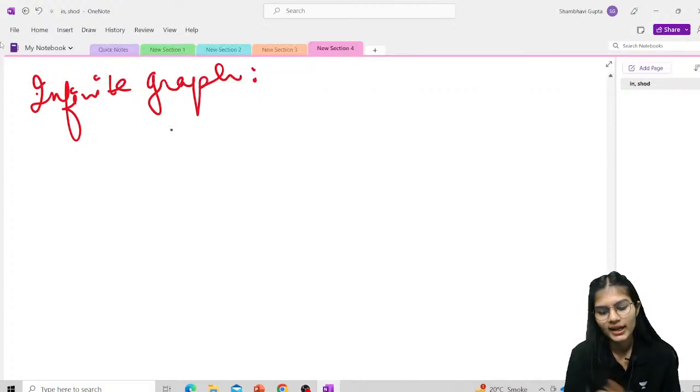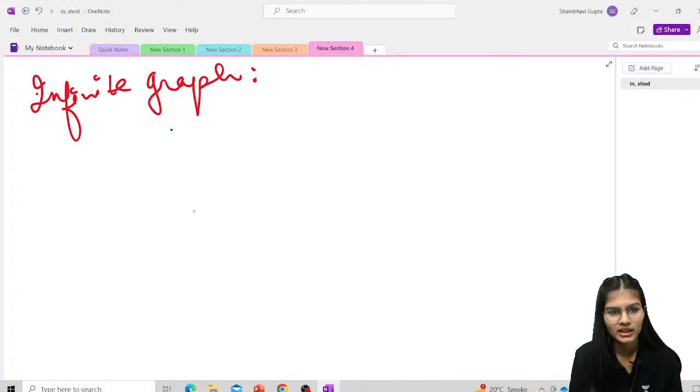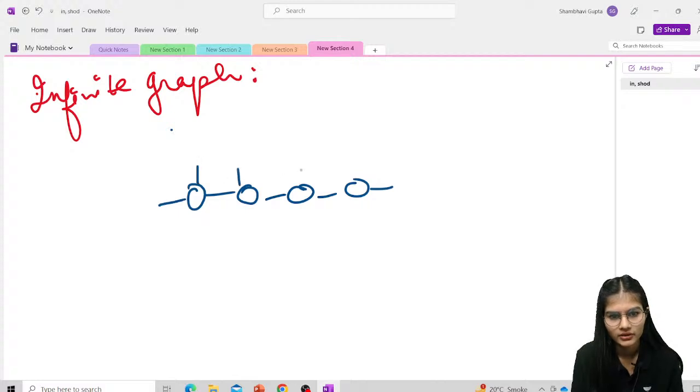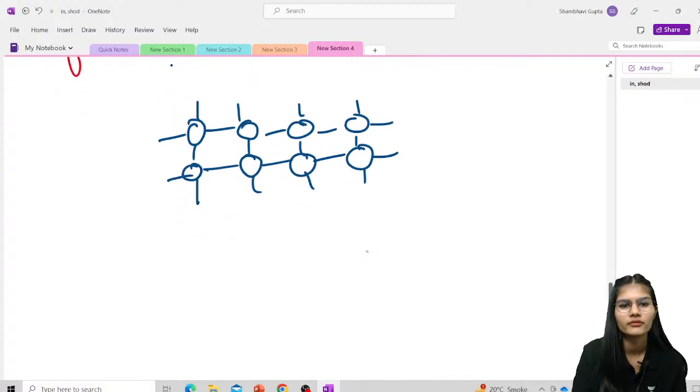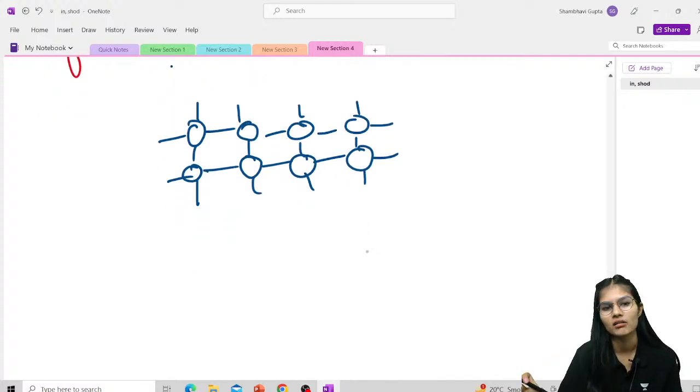It is something where I cannot count the total number of edges and the total number of vertices or nodes. If there is a graph where these are connected with each other, and they are further subdivided like this, then again this, and something like this goes on where it does not have any end.